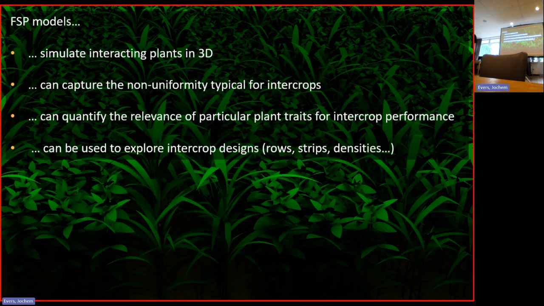We've been doing projects like that. You need to have a tool that can capture this, but you need to have the simplest tool that can capture this. So even if these models may look complex because they have a lot of detail, they are not necessarily complex. They can be the simplest tool that you can make for that type of question. If your question doesn't require a complex tool with a lot of detail like this, don't use it. Use a more simple approach.